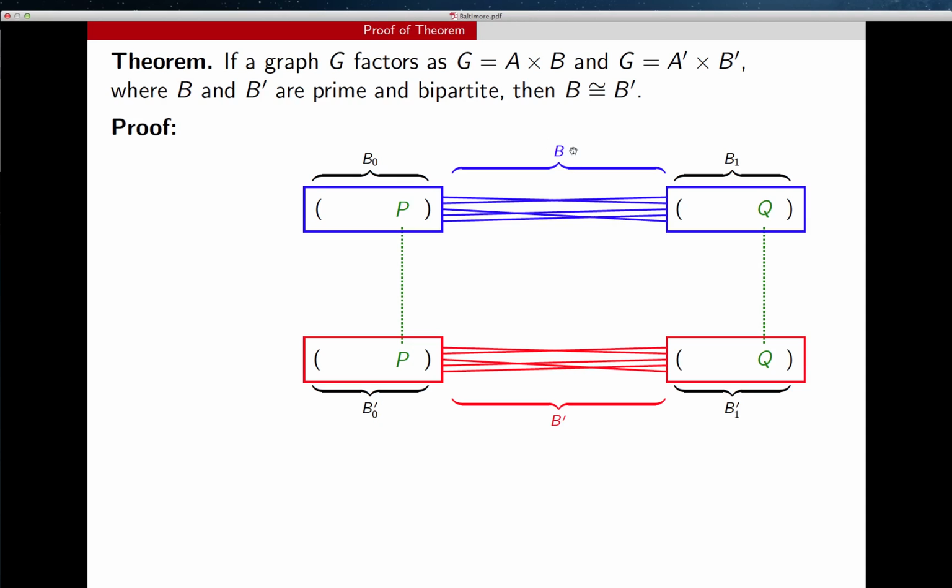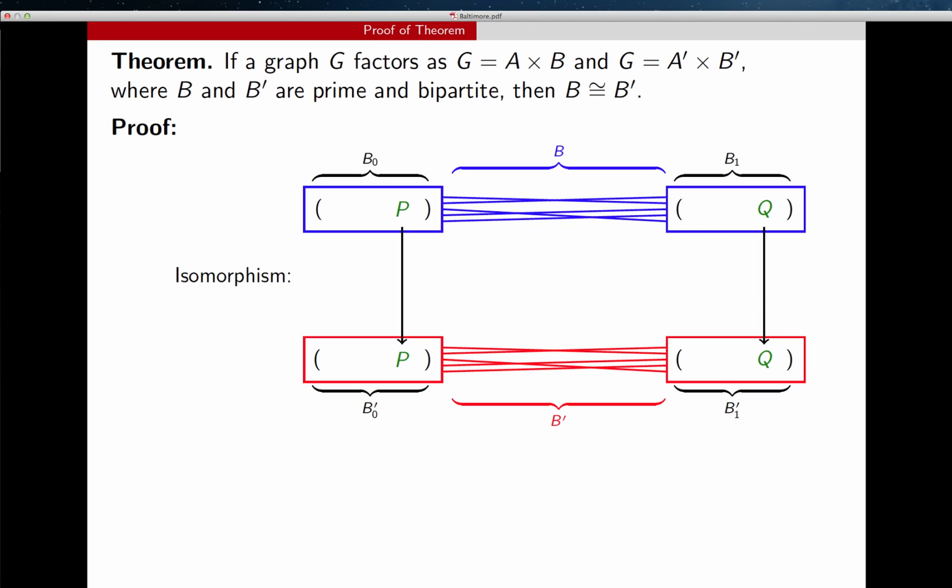Remember that the bipartite graph B, that prime factor, has edges running from B0 to B1, from the vertices of P to the vertices of Q. B prime, the other prime bipartite factor, has edges running from the vertices of B0 prime to the vertices of B1 prime, in other words, from the vertices of P to the vertices of Q. And that identity map from the vertices of B to the vertices of B prime turns out to be an isomorphism.